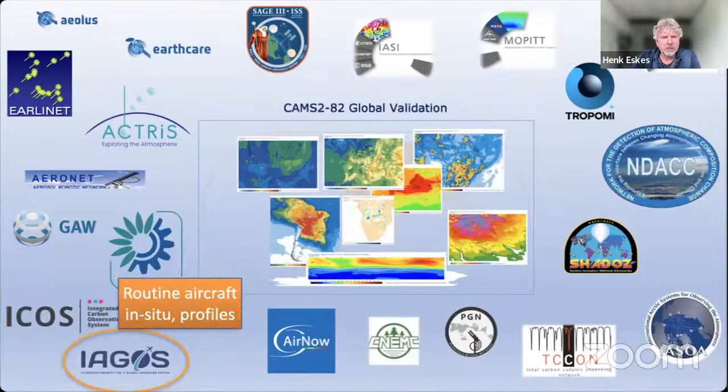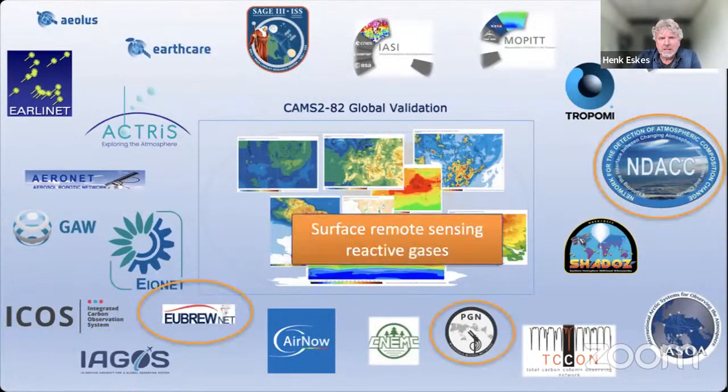Routine aircraft, I already mentioned, is the IAGOS program. And then also we have other surface remote sensing capabilities, like the Brewer instruments and also the Pandora instruments, which are providing trace gas observations.